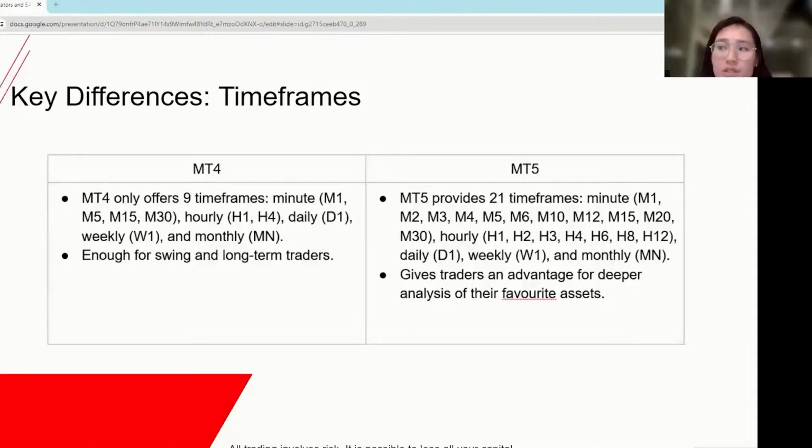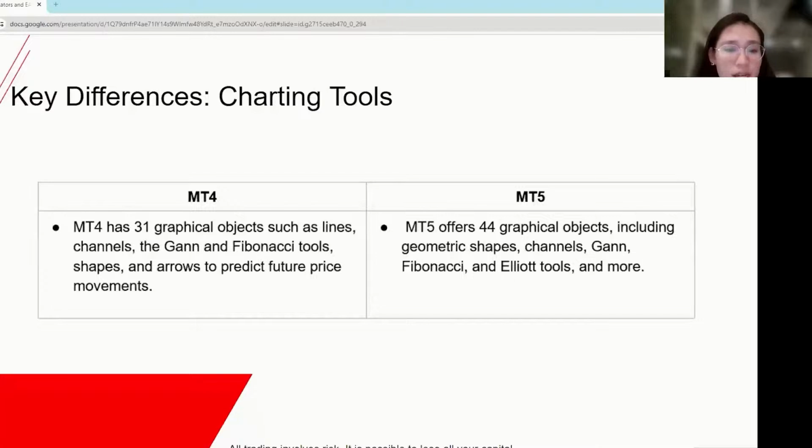But if you prefer to get a deeper analysis, you can look at MT5, which provides 21 time frames with way more minute time frames and hourly time frames, as well as the daily, weekly, and monthly time frames. Okay, MT4 has 31 graphical objects such as lines, channels, the gun, and Fibonacci tools, shapes, and arrows to predict future price movements.